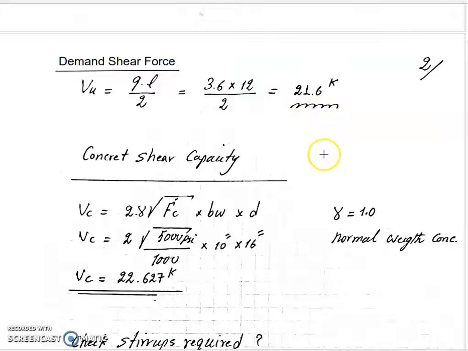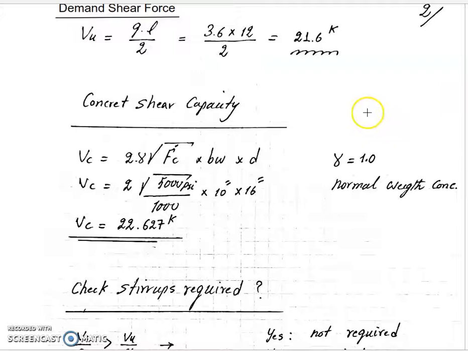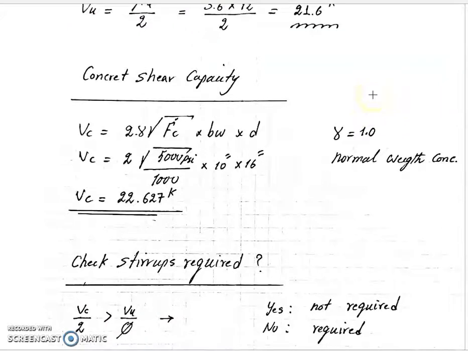So the next step that we need to do is find the concrete shear capacity. Our concrete shear capacity is given by this equation: Vc is equal to 2 lambda multiplied by square root of fc prime multiplied by bw multiplied by d.